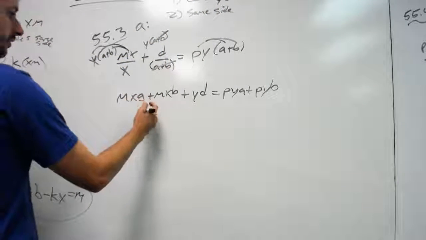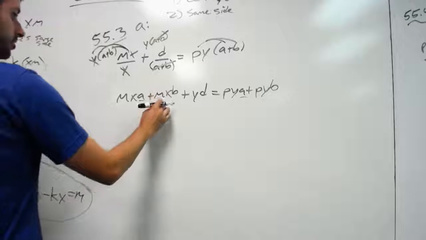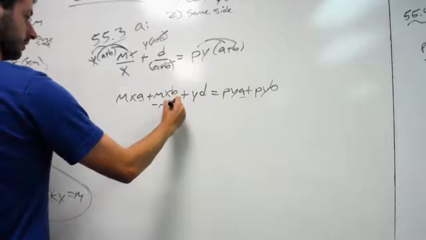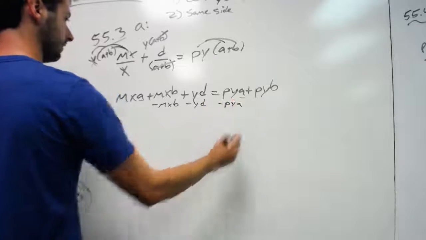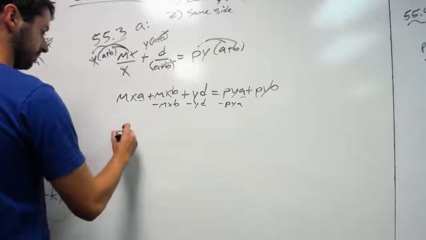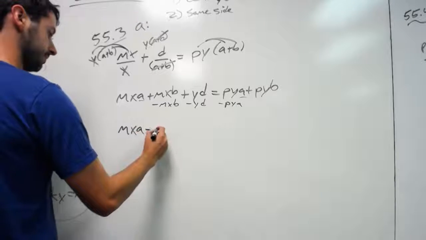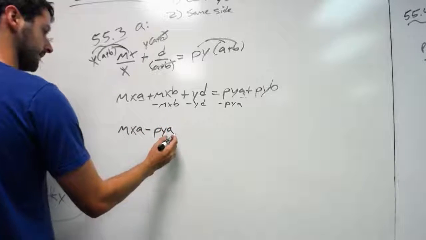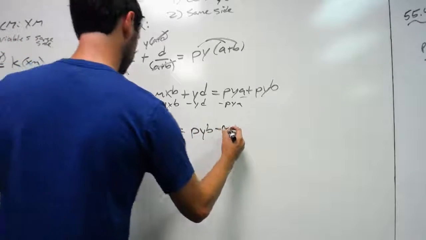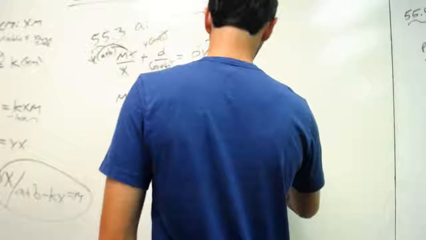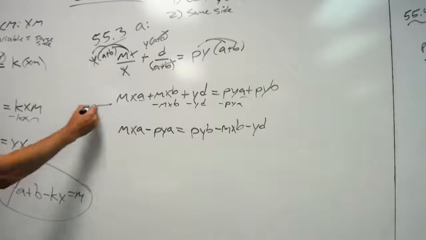Here's an a, and here's the other a. We're going to subtract these and subtract pya. That leaves me with mxa minus pya equals pyb minus mxb minus yd. That's where we're at now.